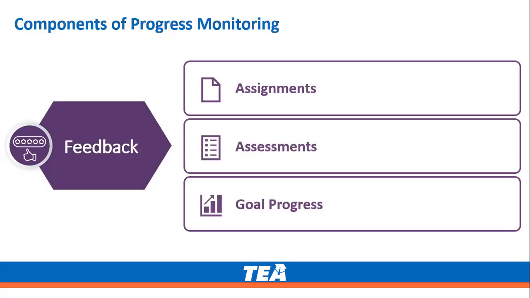The rigor of assignments should be linked to PLAAFP data, goals, and objectives in the student's IEPs. Feedback can be given in writing, virtually, face-to-face while reviewing assignments, and with the whole group. Parents and students should also be involved in this area. Feedback provided by parents and students can assist in providing the most appropriate form of instruction and assist in measuring progress.